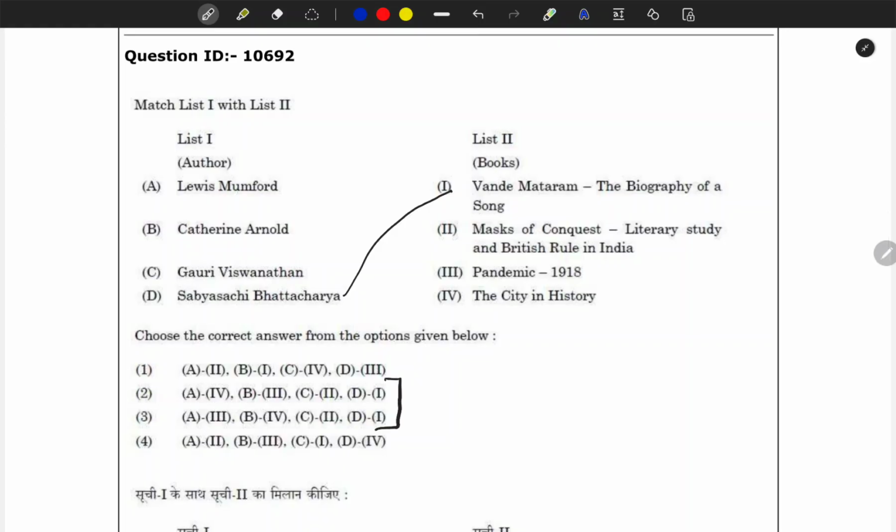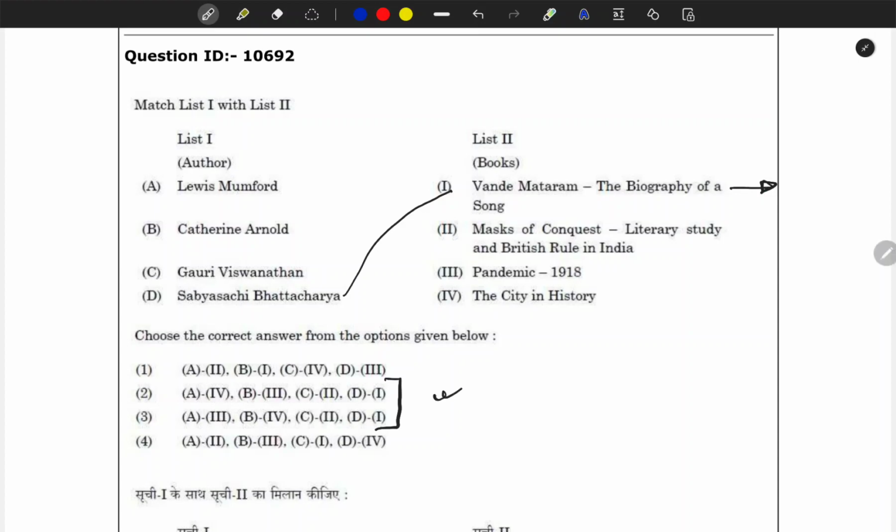If you know only about Sabyasachi Bhattacharya's Vande Mataram, the biography of the song, in which he provided the biography of the song Vande Mataram from the publication of Anand Math, and later on how it evolved and how it provided a base for the national movement. So you can play 50-50 here if you don't know.